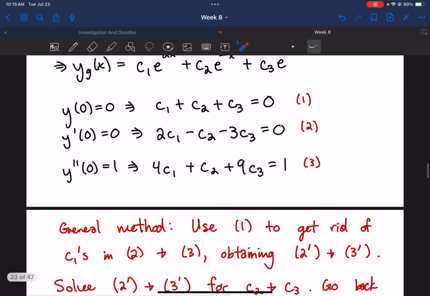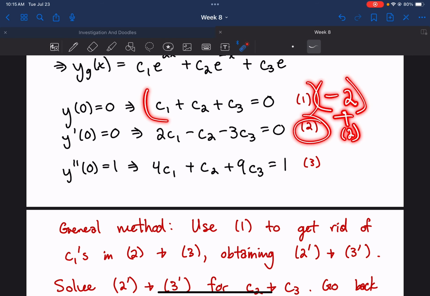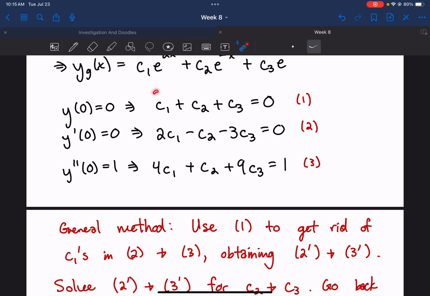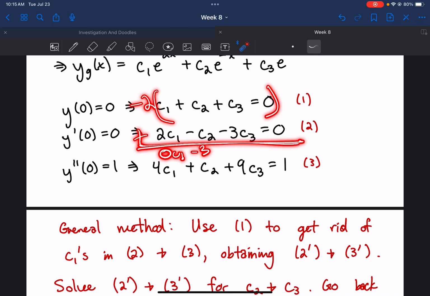I'm going to take negative 2 of equation 1 and add it to the second equation, straight down. And then I'll get 0c1 minus 3c2 minus 5c3 equals 0.